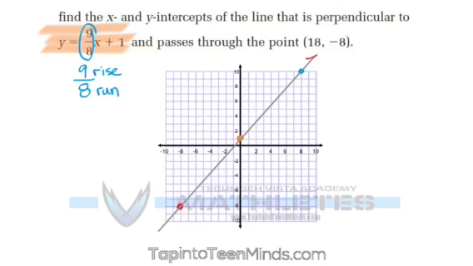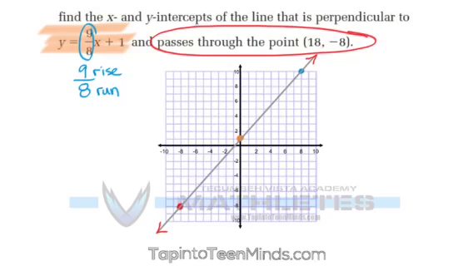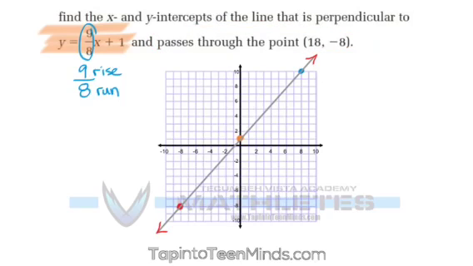And therefore, we have our original line, and we can now look at our next piece of information, that our new line actually passes through the point (18, -8). So that puts us way off our graph here at wherever 18 is.